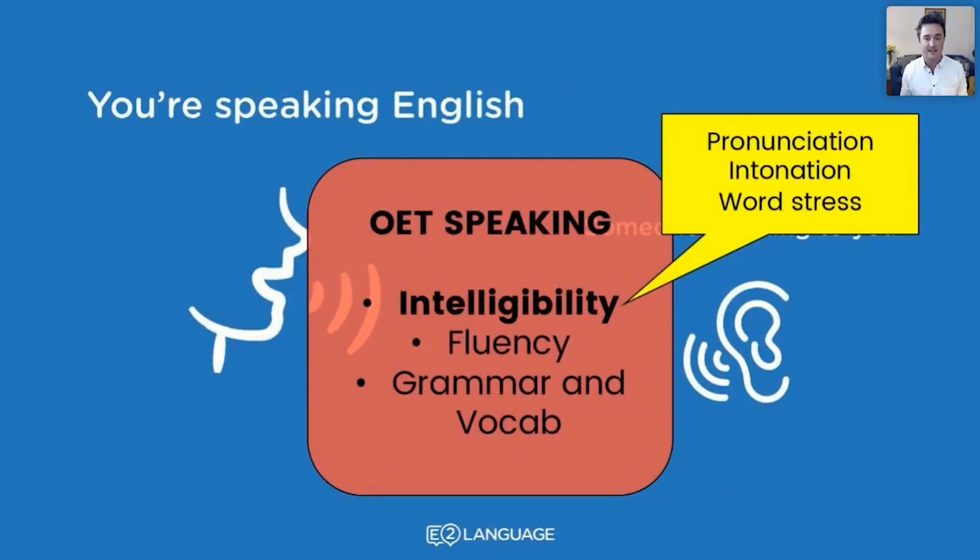If we look more closely at what these mean, you can see that intelligibility consists of various things in itself. This is why language is so complex, right? It's like Russian dolls. There's all sorts of things going on with language. So intelligibility consists of pronunciation. That is how clearly you can articulate all 44 sounds of English. Okay, so in all languages, there are different sounds.